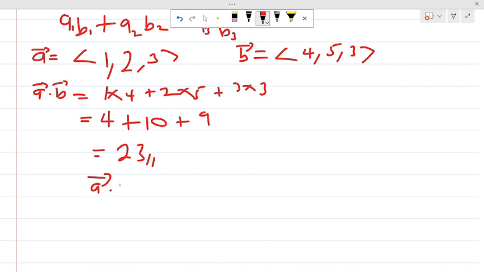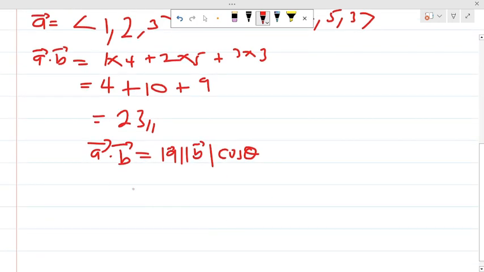So A dot B, and you should equate that, this is a formula, to the magnitude of the vector A, multiplying the magnitude of the vector B, multiplying the cosine of the angle between those two vectors.